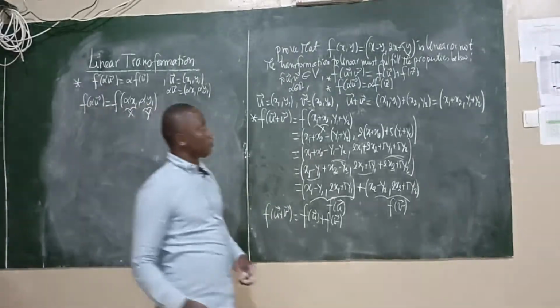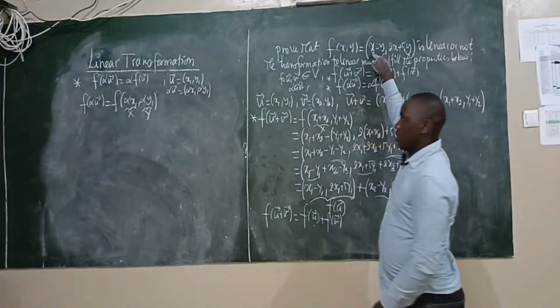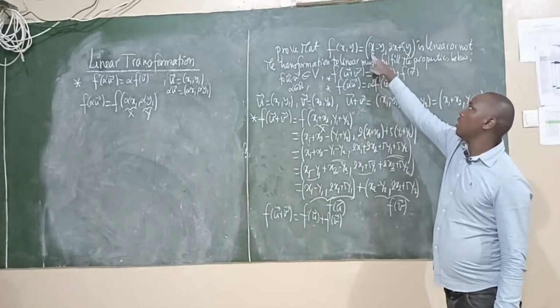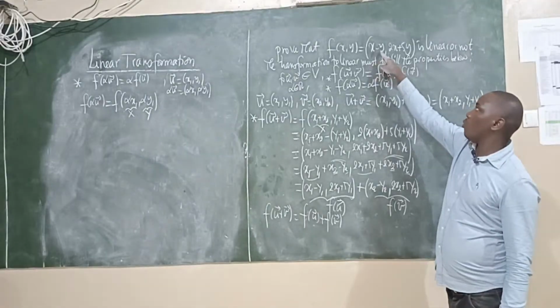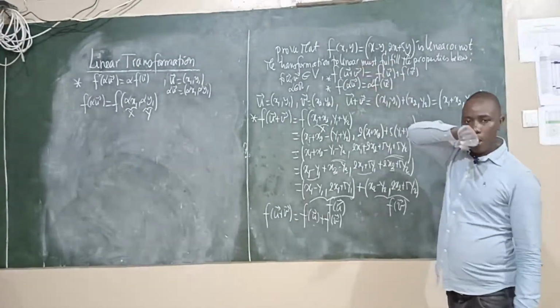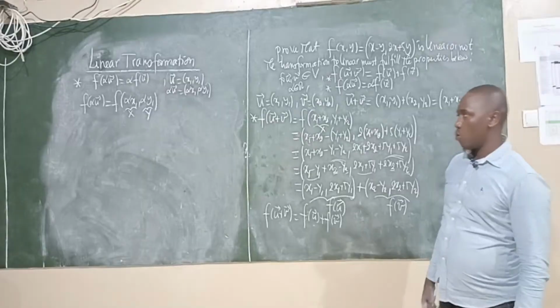In our transformation, x will be replaced by alpha x1 and y will be replaced by alpha y1.